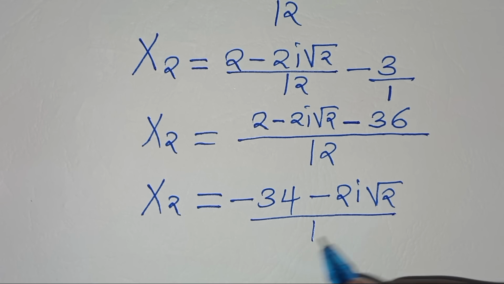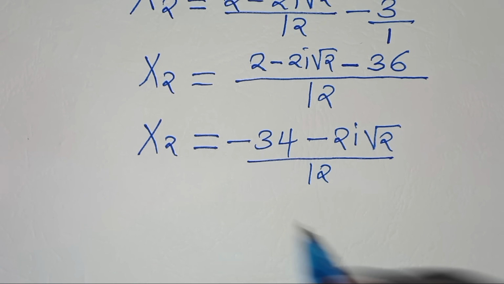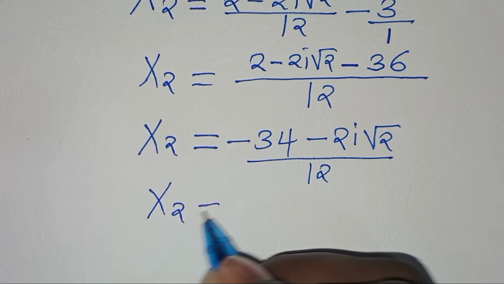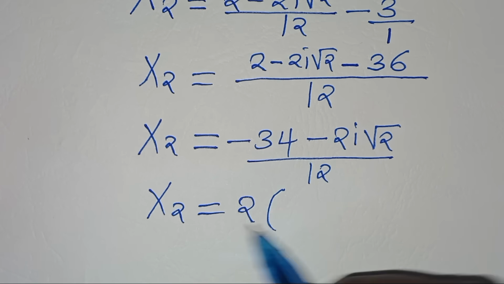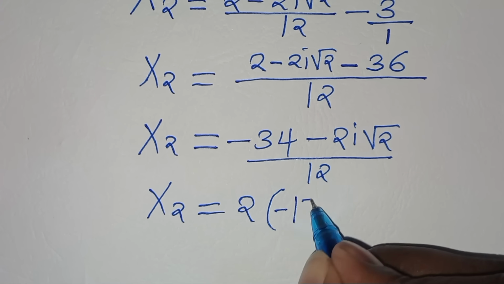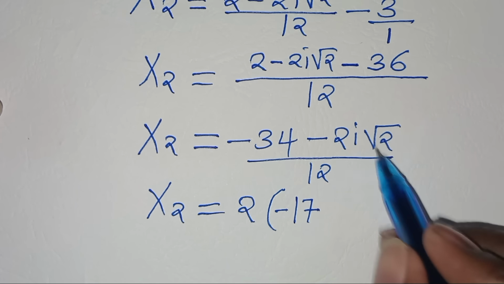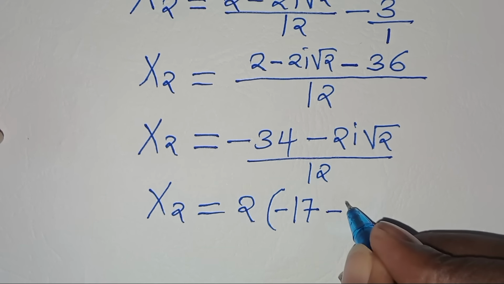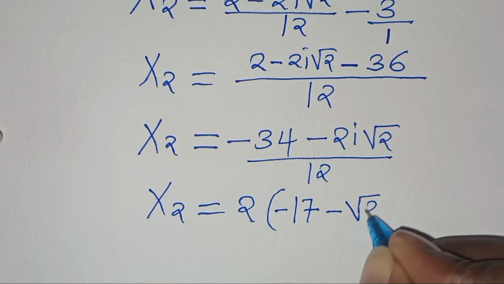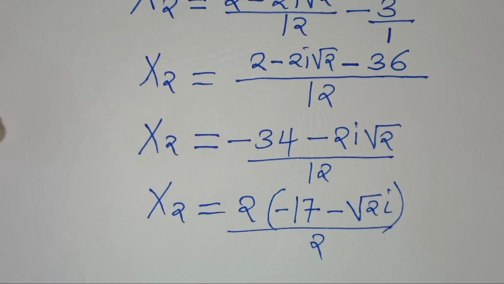Then divided by 12. Now, in the numerator here, we have that 2 is common. We can factor out 2 so that now negative 34 divided by 2 is negative 17. Now, we have negative 2i square root of 2 divided by 2. So this becomes minus root 2i, in parentheses, then this is divided by 2.